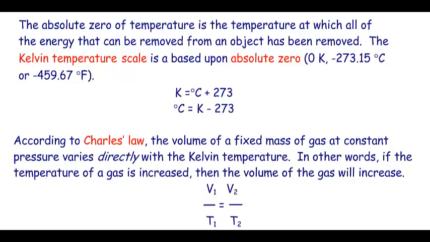What's really important is what appears in the middle of the slide there. You've got to be able to convert Celsius temperatures to Kelvin and vice versa. Let me give you an example. Room temperature is considered to be roughly 20 degrees Celsius. On the Fahrenheit scale, that'd be about 72 degrees. That's what most of us like our room at to be comfortable. But on the Celsius scale, 20 degrees.